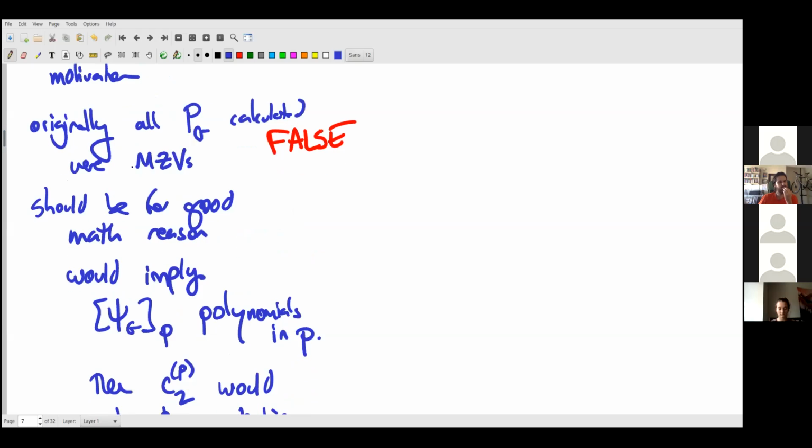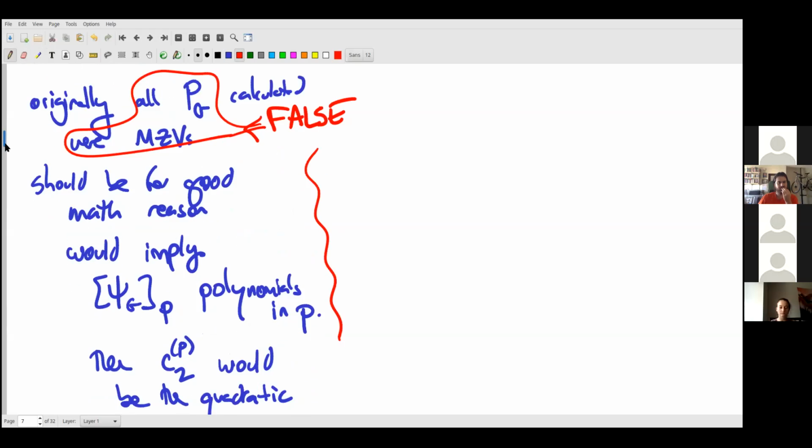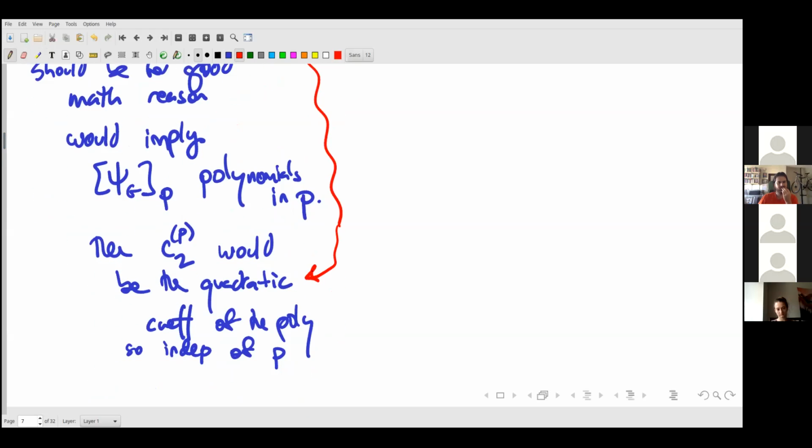Okay, so it turns out it's not true that they're all multiple zetas. So originally all the ones calculated were, but this is false. But if you come down here, the extent to which it's not a constant becomes an interesting measure of how false it is for any particular graph.